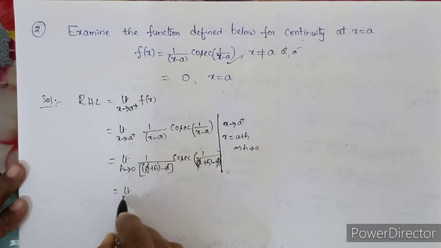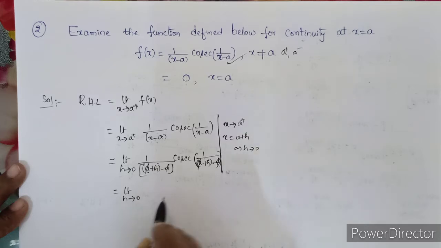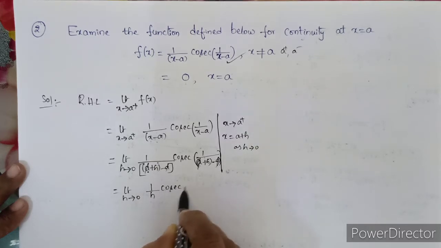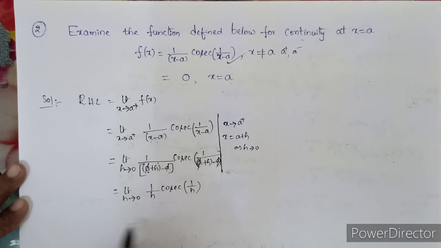Limit h tends to 0, 1 by h, cosecant of 1 by h. Limit h tends to 0, 1 by h, cosecant of 1 by h, we write it as 1 by sine of 1 by h.